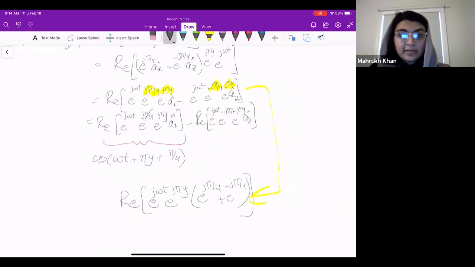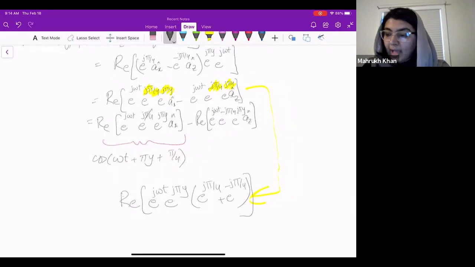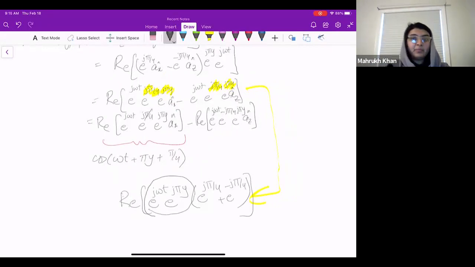Even in this scenario, if I multiply and divide by 2, I cannot separate the space and time part from this. So it is of no use. The idea is to separate the space and time part from each other to see if they are standing waves or not. Here the time will all be interlinked with the space. We cannot separate them. So it's not a standing wave.